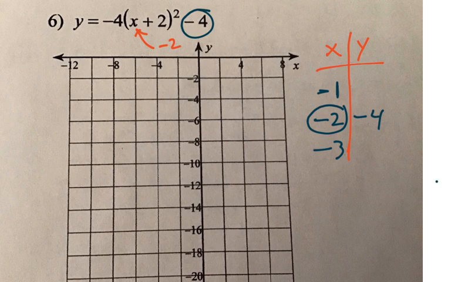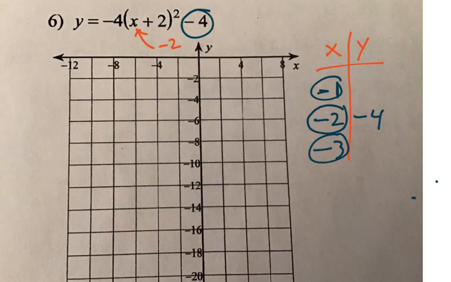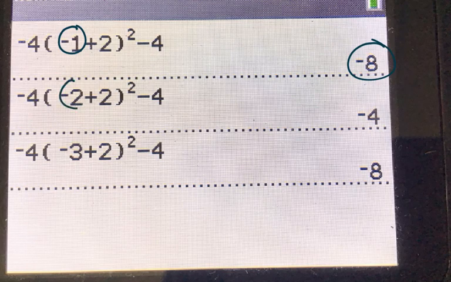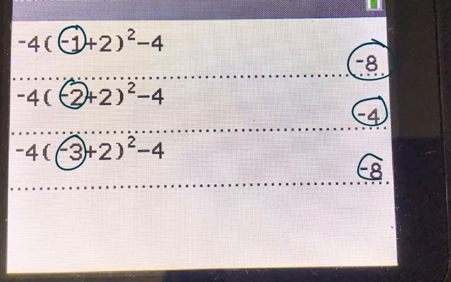Just make sure you count in order, guys. Keep these numbers here in order, okay? So we're ready to plug in -1. So when I plug in -1, notice I get -8. When I plug in -2, notice I get -4. We already have that. When I plug in -3, notice I get -8.